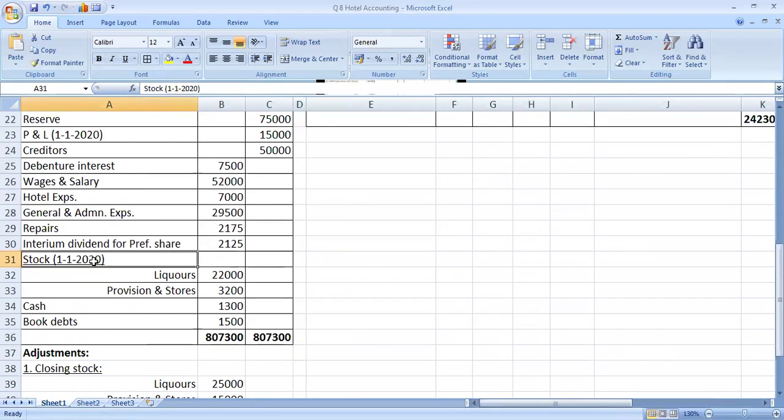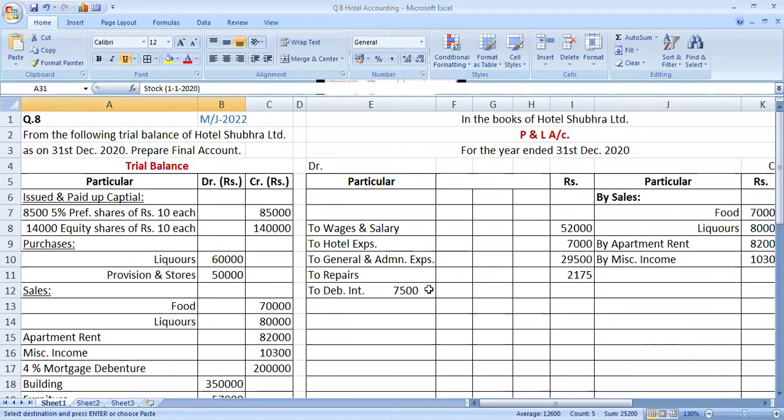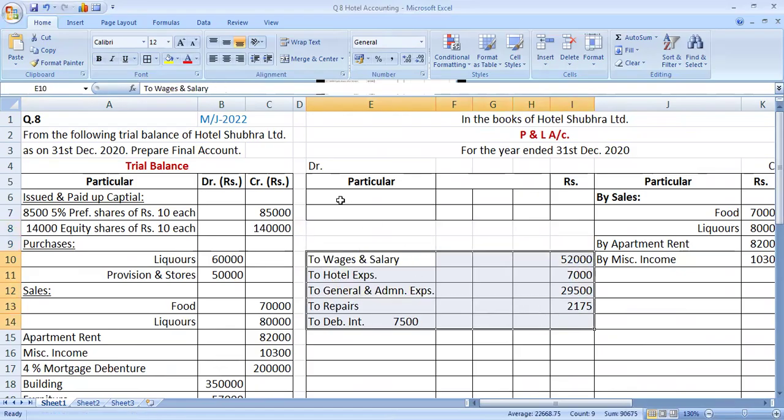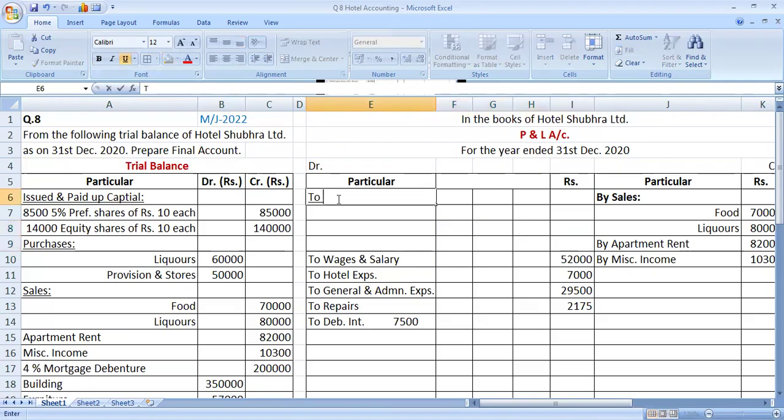Then opening stock, under the heading of opening stock, material used.